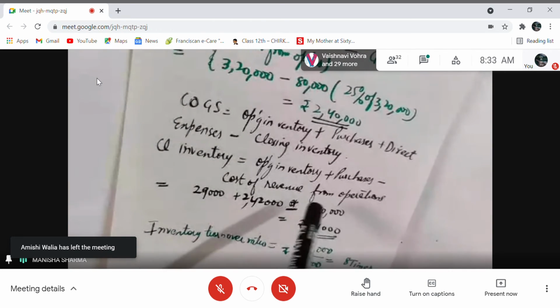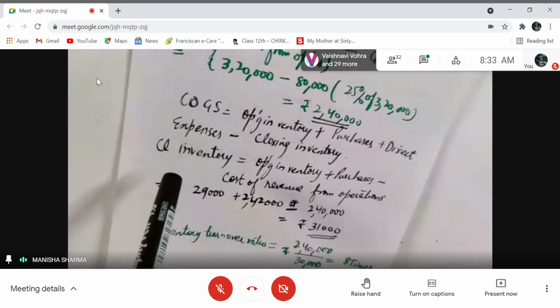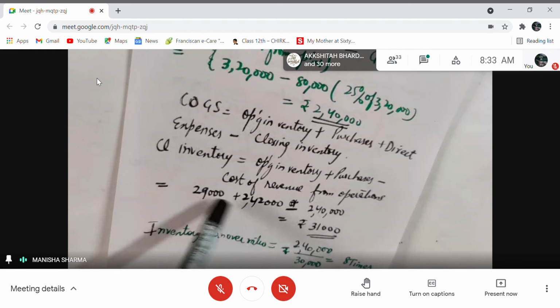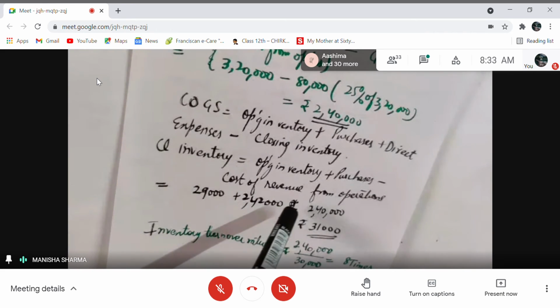And COGS we just calculated with the formula net sales minus GP, which is 2,40,000. So if I subtract, that is opening inventory plus purchases minus COGS, I get closing inventory, which is 31,000.